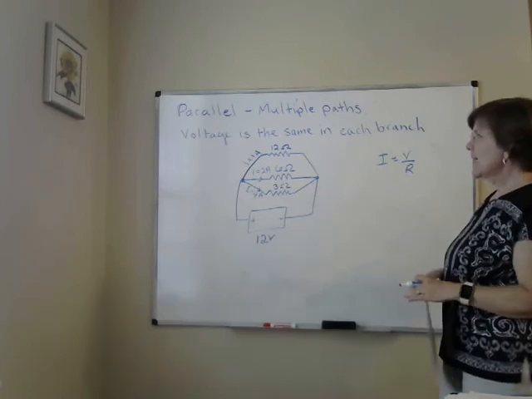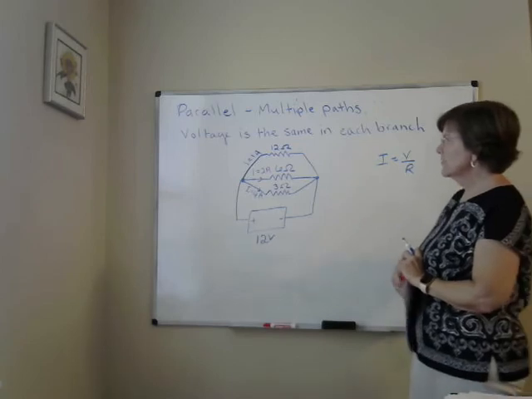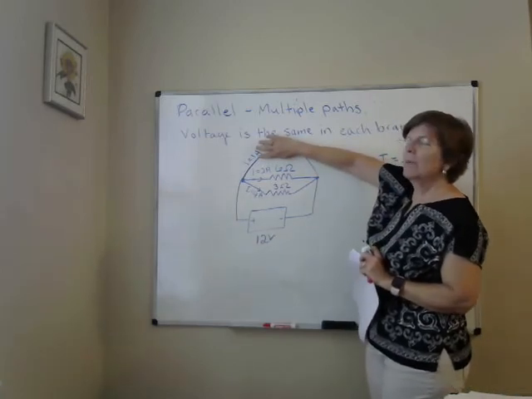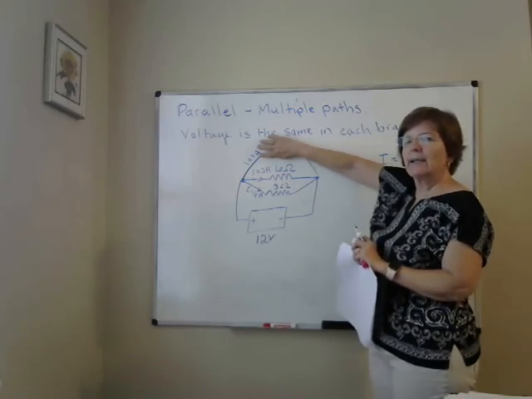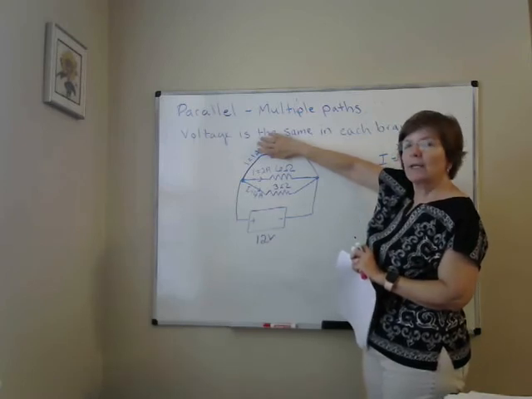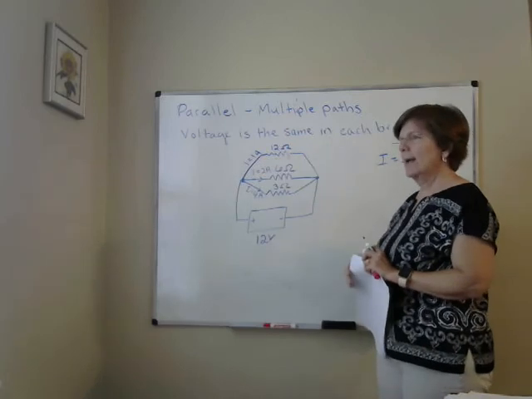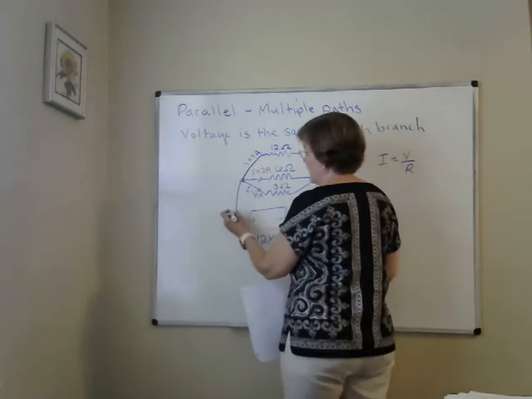And it doesn't matter, like if I take that top branch off, you'll see I have a total of 6 amps flowing. No matter how big or small this next resistor is, I know even more current is going to flow. I made it a really big resistor, 12 ohms. But notice now we still get 1 more amp of current. So the way this works is I've got 7 amps total.